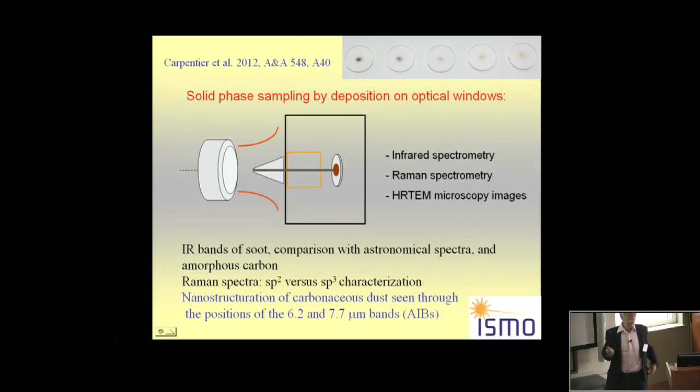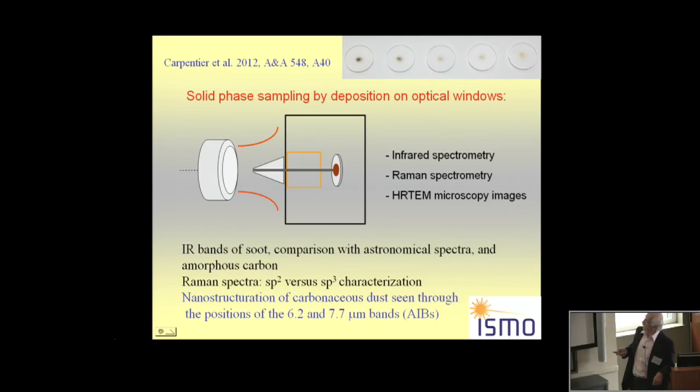And then you can use all the usual means of characterizing, thanks to infrared, Raman, and also electron microscopy. And these different diagnostics allow us to get into the nanostructuration of the soot.